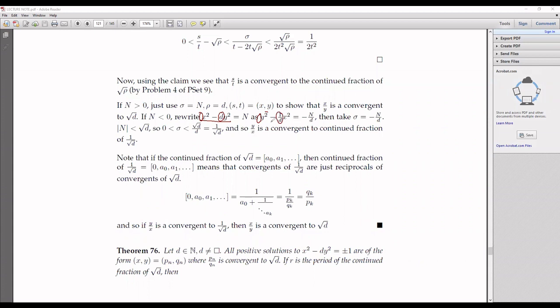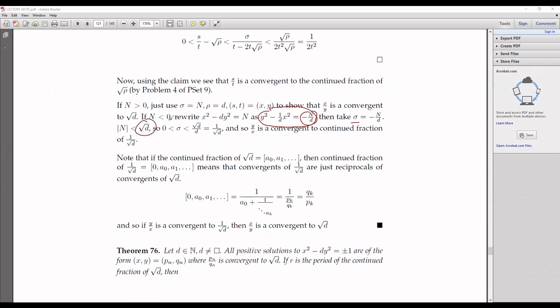And that can be done because if you just multiply by minus, you would get dy square minus x square equals minus 7. So we don't have 1 here. To get rid of this situation, just divide by d to get this final form. Now the right hand side can be considered as sigma, and in this case the absolute value of n is actually less than root d.